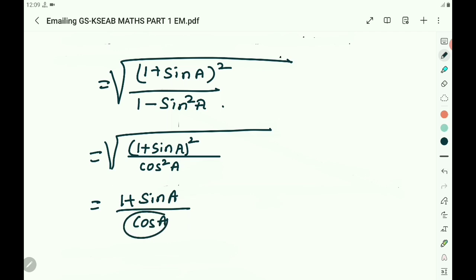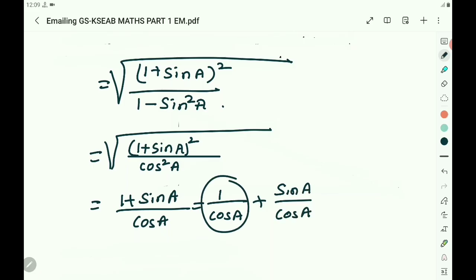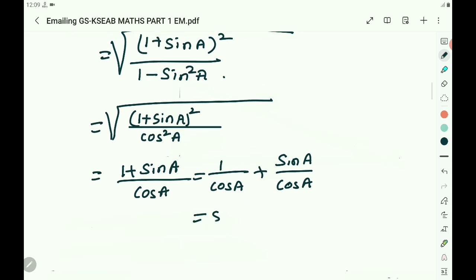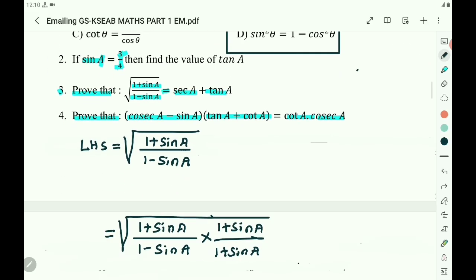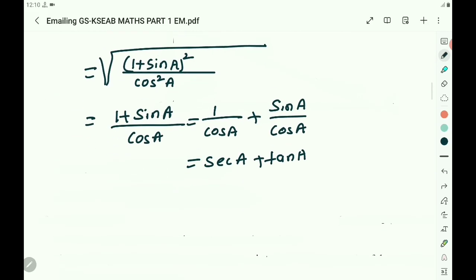1 plus sin A by cos A equals, here you write 1 by cos A plus sin A by cos A. Separate the terms by taking the same denominator, 1 by cos A plus sin A by cos A. 1 by cos A is secant A, sec A, plus sin A by cos A is tan A. Here you got the RHS, secant A plus tan A. Then you write equals RHS.